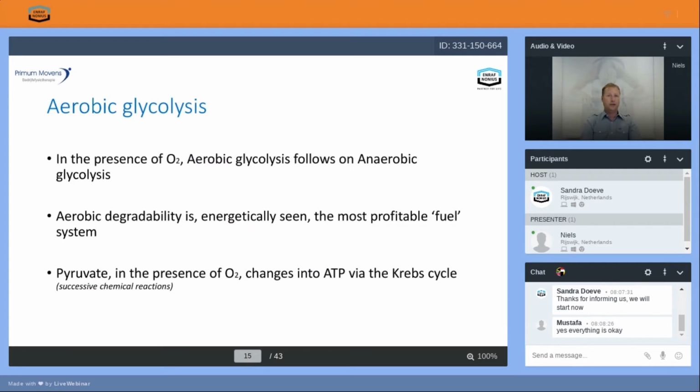When you look at the aerobic glycolysis, oxygen is present. The aerobic glycolysis follows on the anaerobic glycolysis. It comes after the anaerobic glycolysis. The aerobic degradation is energetically seen the most profitable fuel system. So when you use your energy sources that are burned with oxygen, those systems are the most profitable fuel system.